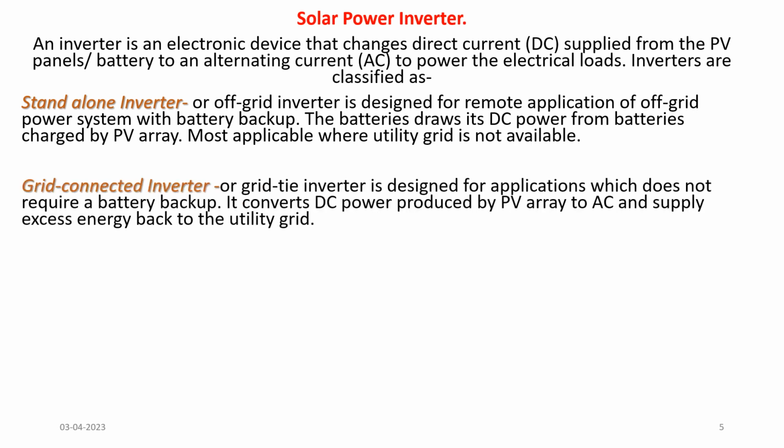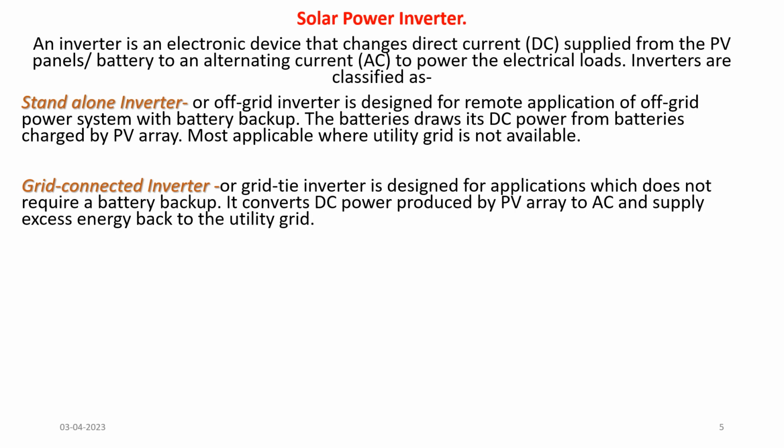The grid-connected inverter, or grid-tie inverter, is designed for applications which do not require a battery backup. It converts DC power produced by the PV array to AC and supplies excess energy back to the utility grid.